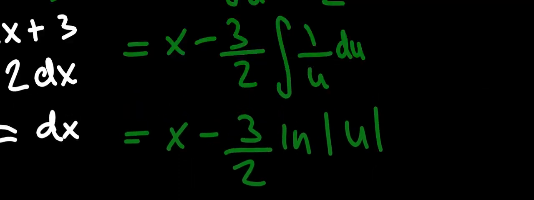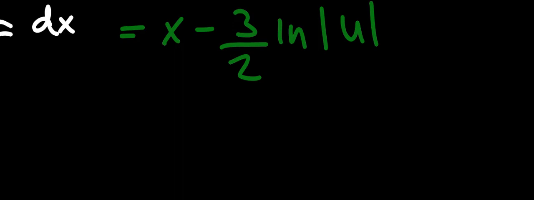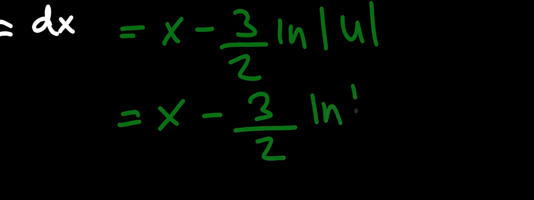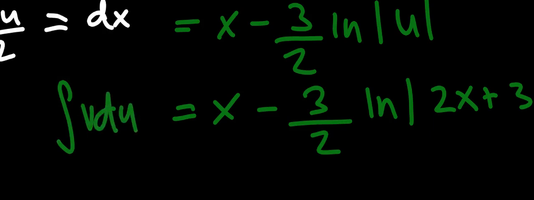And our u was 2x plus 3. So we have x minus 3 over 2 ln of 2x plus 3. Okay, so this was the integral part we were solving for. This was the integral of v du. This is what it's equal to.